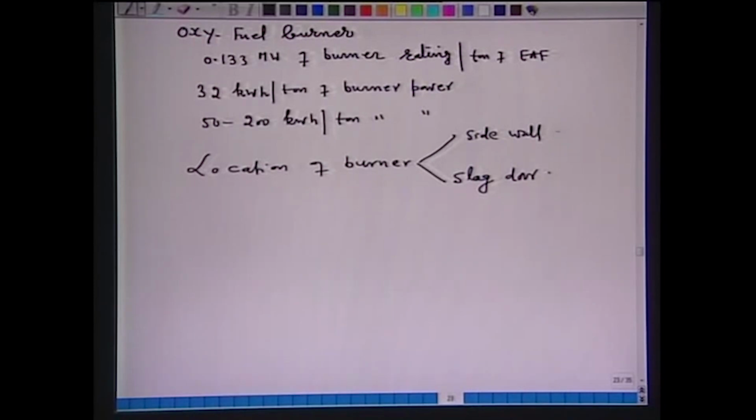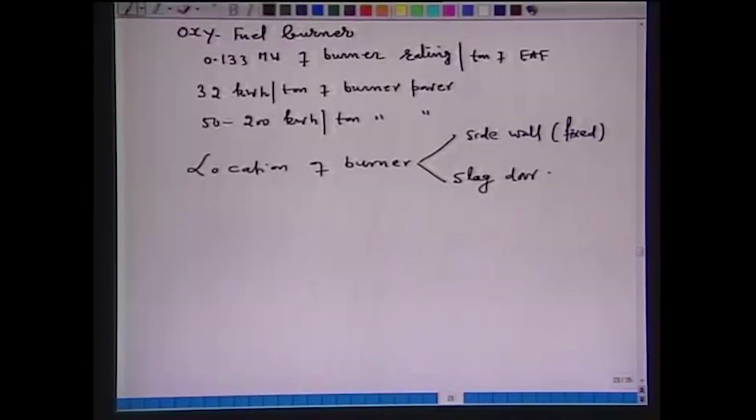Side wall burners are the fixed mounting type of burner, and for the slag door burner, you just take a submersible lance, go through the door, inject it and again take it out. So, the removal and injection is easier for a slag door, whereas when the burner is mounted fixed on the side wall, then a burner is required where all the 4 requirements of oxygen can be met.